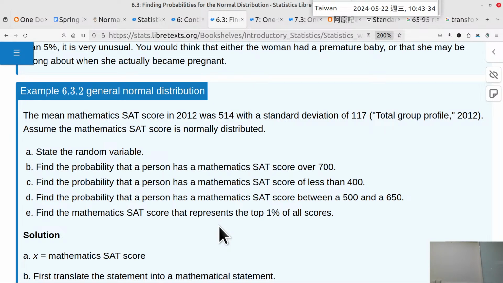It's very similar to an IQ test. The score in 2012 was 514 with a standard deviation of 117. Total group profile, the data is from 2012. Assume the mathematics SAT score is normally distributed. Now state the random variable. Second, find the probability that a person has a mathematics SAT score over 700.